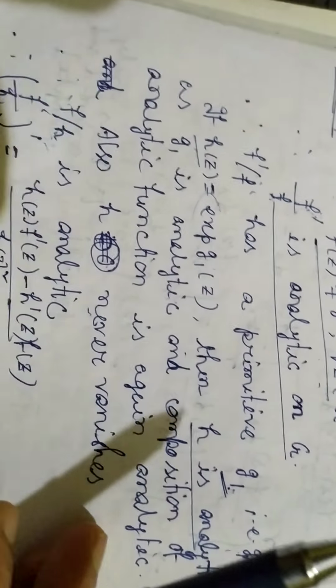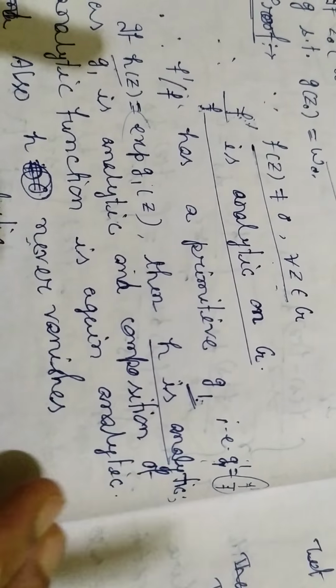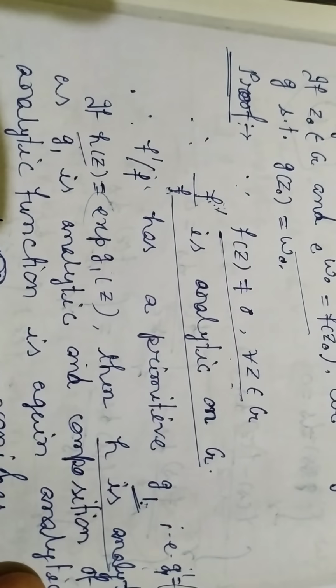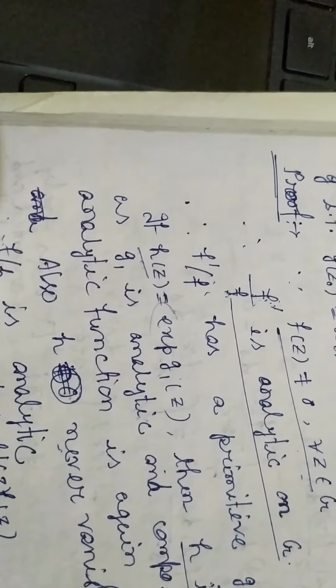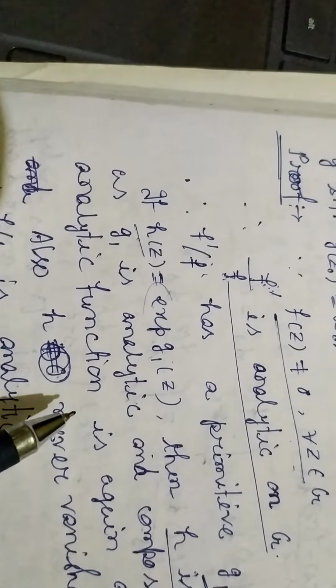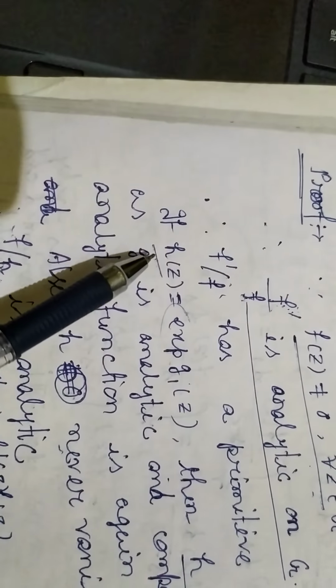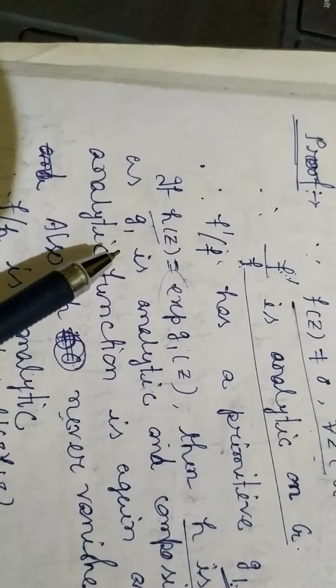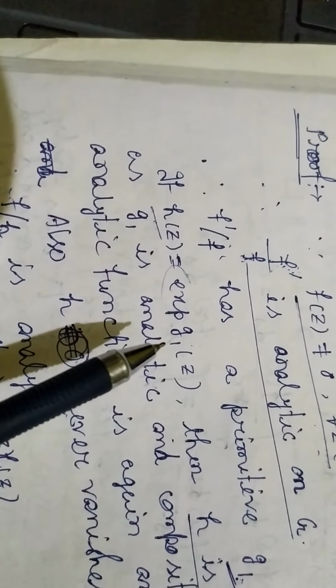So z1 dash is equal to f dash by f. Now consider the exponential of z1(z), say h(z), the exponential function of z1(z).